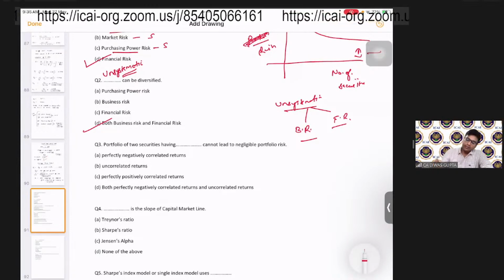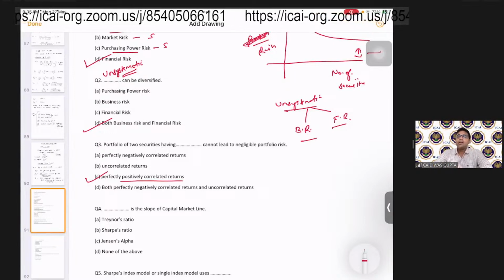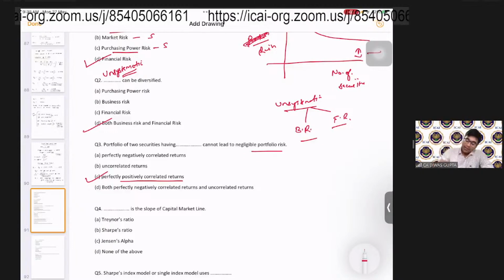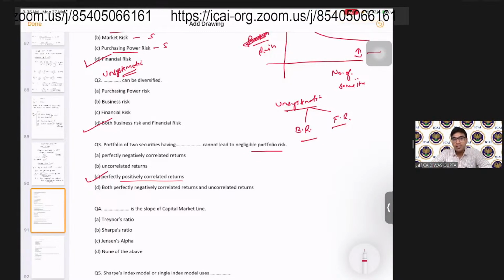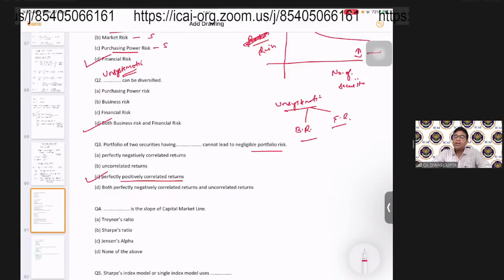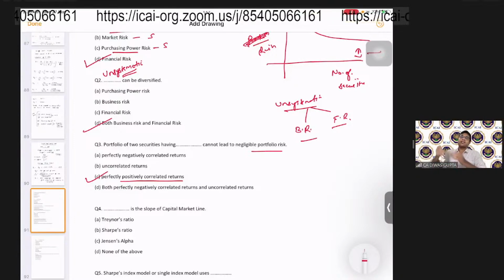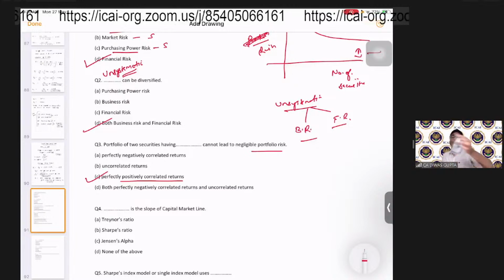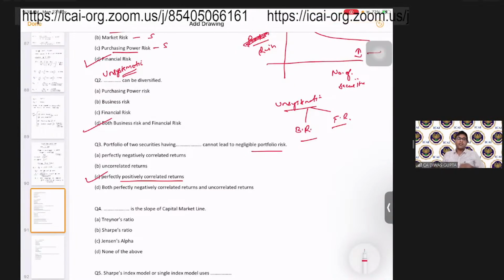The correct answer is C, because only this possibility cannot lead to a negligible portfolio risk. It might happen that uncorrelated returns also lead to negligible portfolio risk. Similarly, perfectly negatively correlated returns will always lead to negligible portfolio risk. But C, it will never happen. So that is what was needed, students.